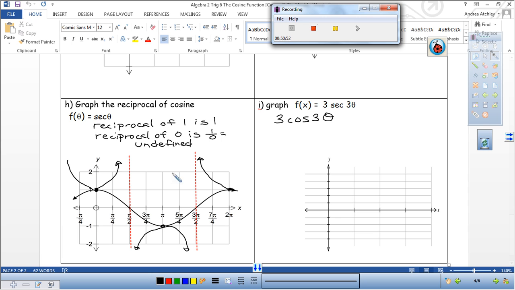So we want to start at 3 and then negative 3 theta. The period is 2 pi divided by the b value, which is 3. So it's 2 pi over 3.